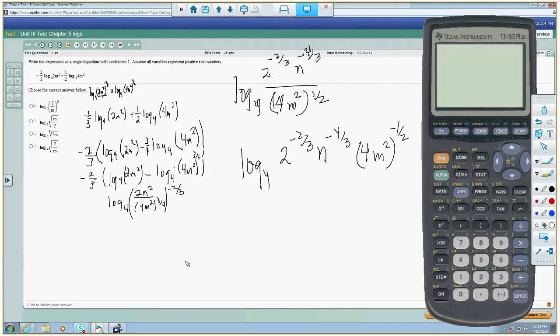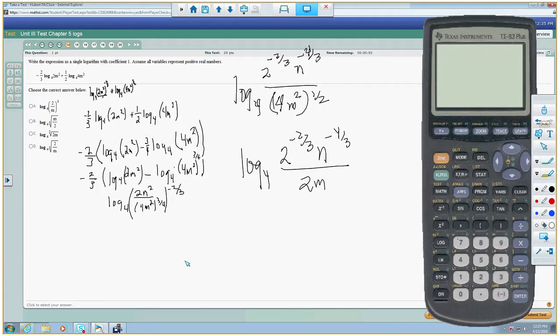Negative 1/2. But we could say the square root of that is what? Let's just do that, that'd be easier. What's the square root of 4m squared? 2m. So let's just leave that down there. If that's okay with y'all.